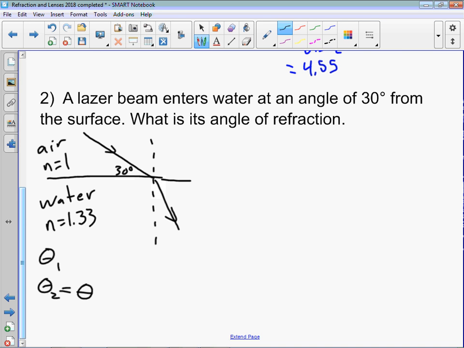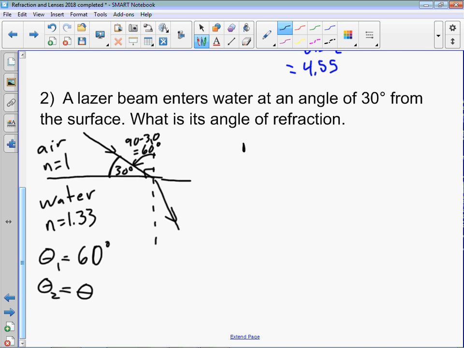I'll just call it theta. And theta 1, we're kind of given, but we actually have to do a little intermediate step, because this whole thing from the surface to the normal is 90 degrees, and we're given the angle of 30 degrees from the surface, which means the rest of it must be 90 minus 30, or 60 degrees. So theta 1 is 60 degrees.